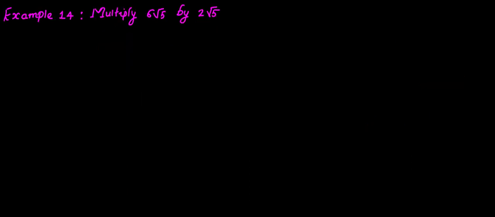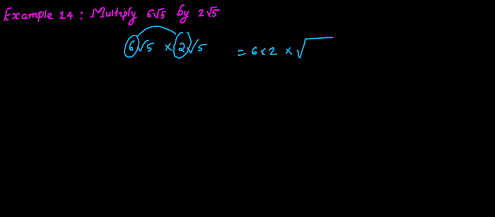Another example, multiply 6 root 5 by 2 root 5. First we multiply 6 and 2. Then we multiply root 5 and root 5.